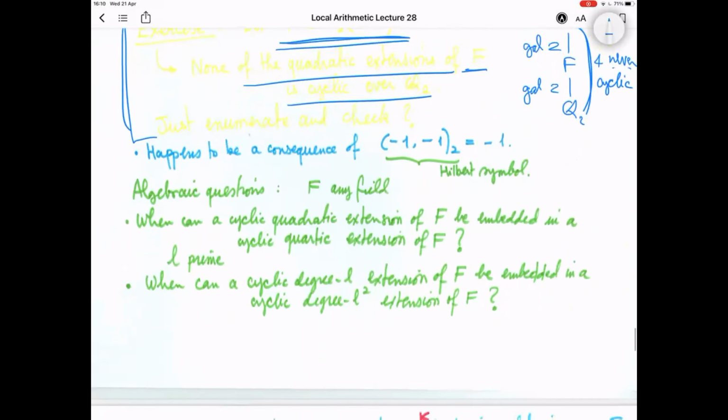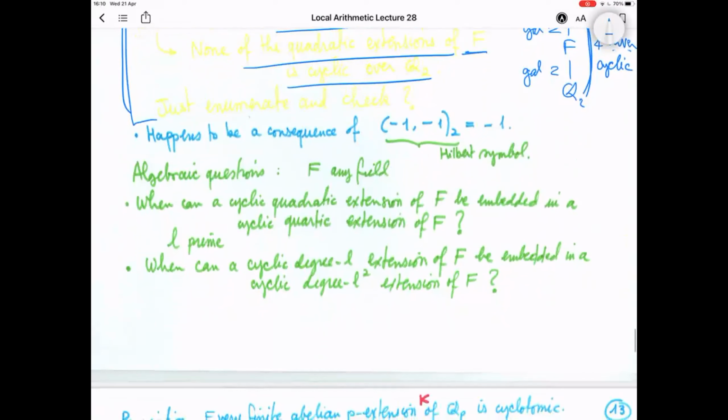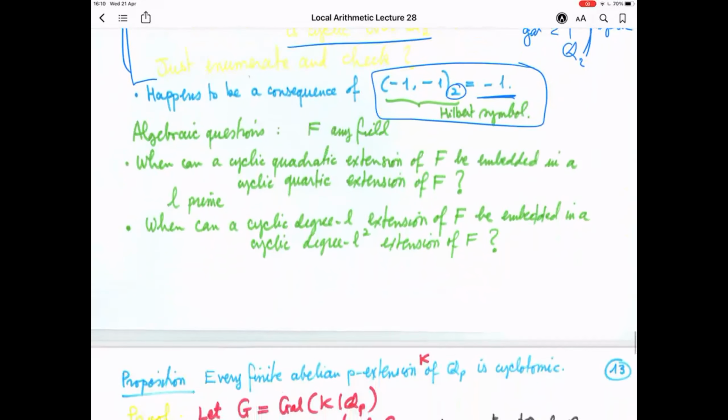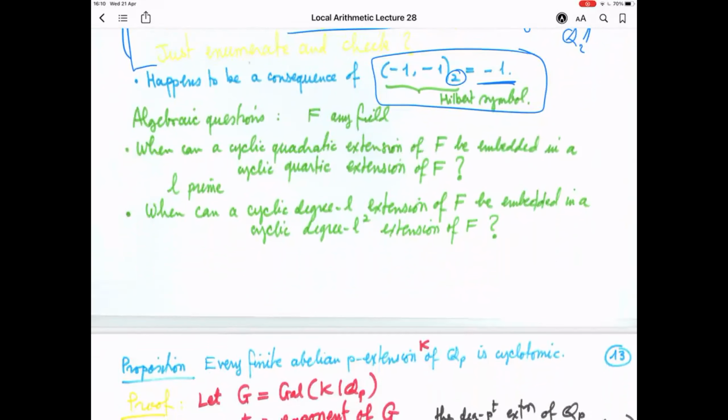But this is a very, very special case of some very general algebraic facts. Ultimately, it happens because this Hilbert symbol of minus 1 at 2 is minus 1. We talked about Hilbert symbols. In general, if you are given a field F, you can ask, when is a cyclic quadratic extension of F embeddable in a cyclic quartic extension of F?